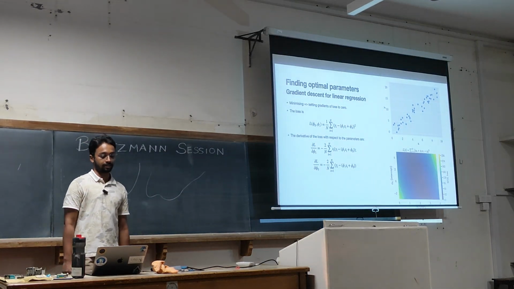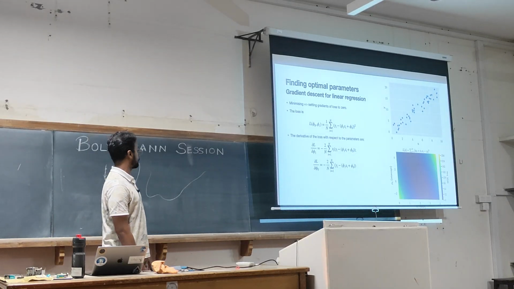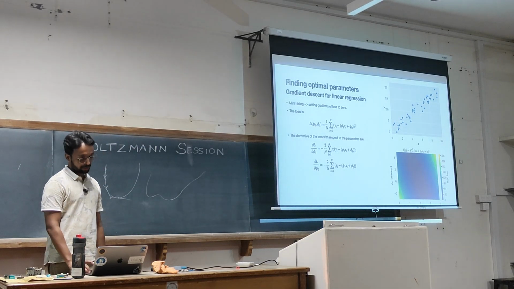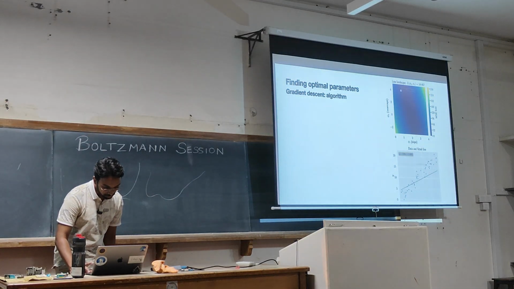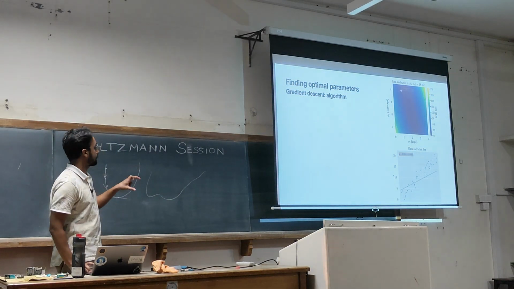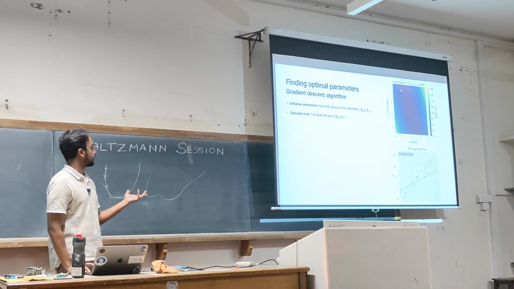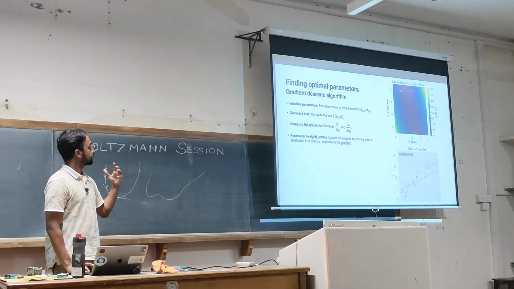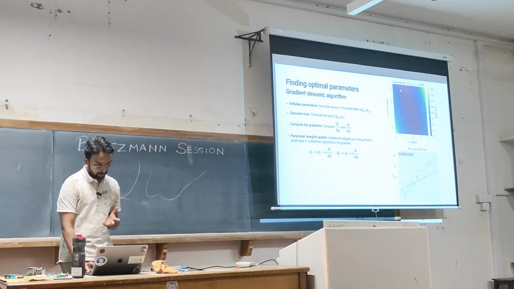In the case of linear regression, as I said, it's an analytical problem, and so you can compute these derivatives directly. Once you have these derivatives, the goal is to take small steps and then try to fit it. You start with initial parameters, you compute the loss, you compute the gradients, and then you move the weights a small step in the direction opposite to the gradient.